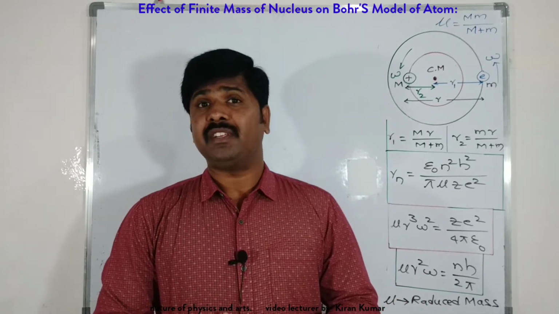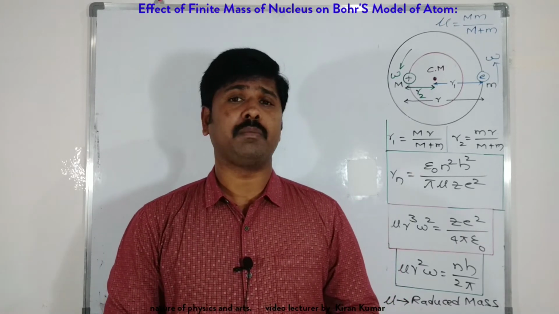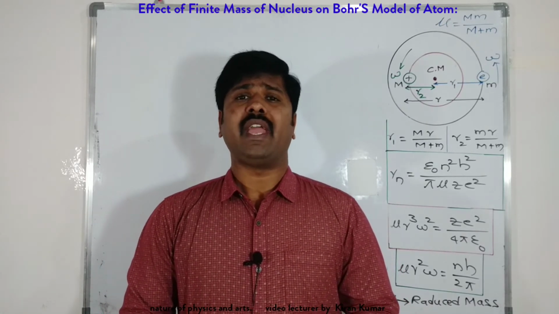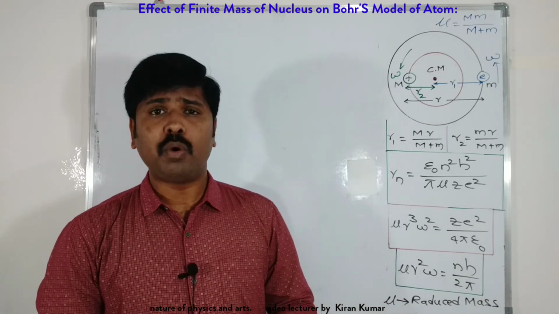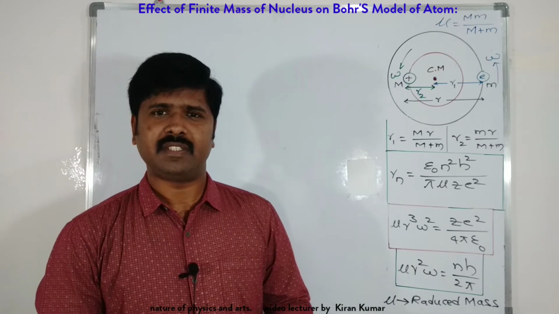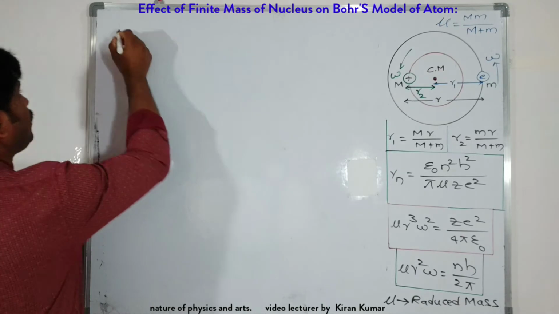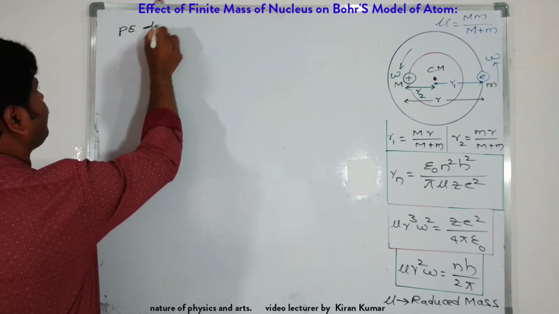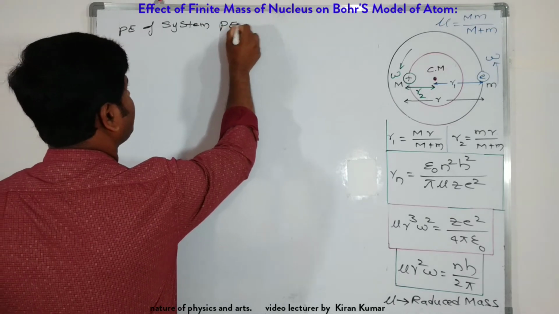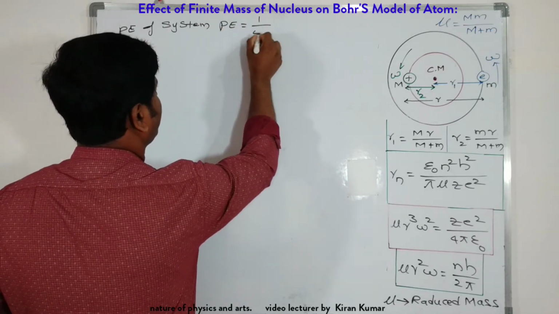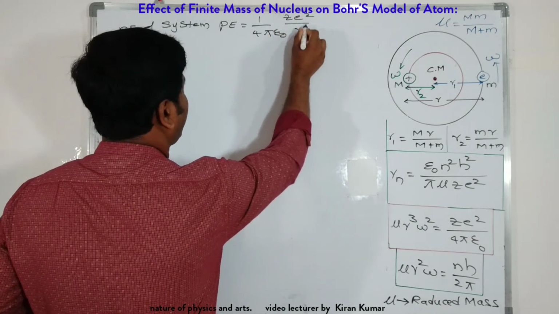Continuation: potential energy of the system and also kinetic energy of the system. That system is the finite mass of the nucleus in the Bohr model of atom. First potential energy, then kinetic energy. Potential energy of the system, that is PE, is equal to minus 1 by 4 pi epsilon naught z e square by r.